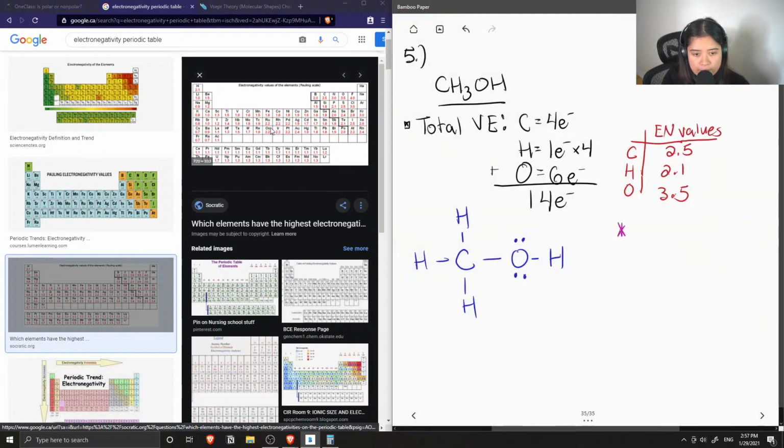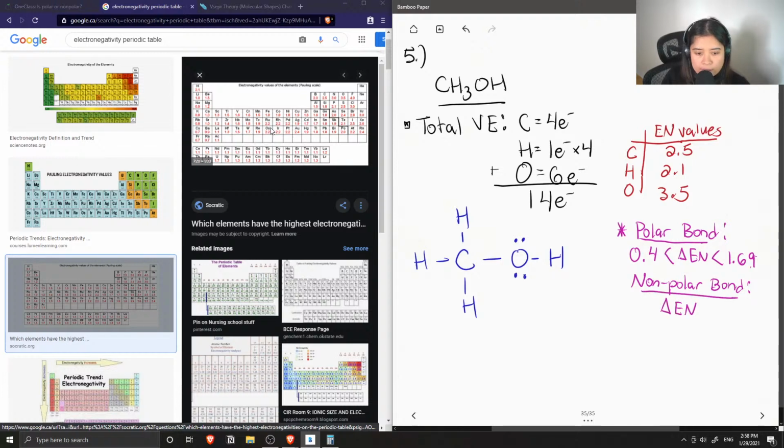So I'll just write here that we have a polar bond when the electronegativity difference is greater than 0.4 but less than 1.69. And we know we have a nonpolar bond when the electronegativity difference is less than or equal to 0.4.